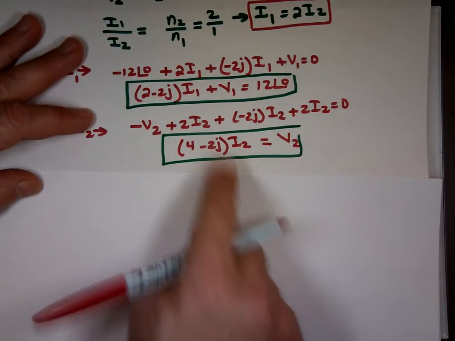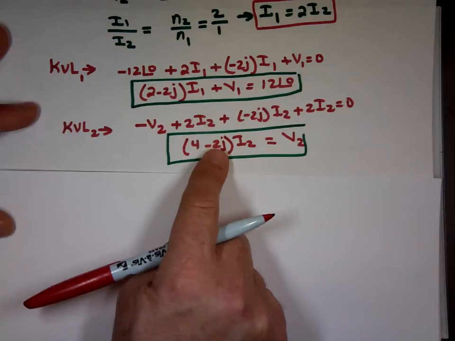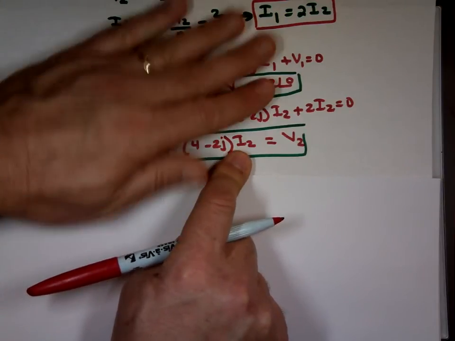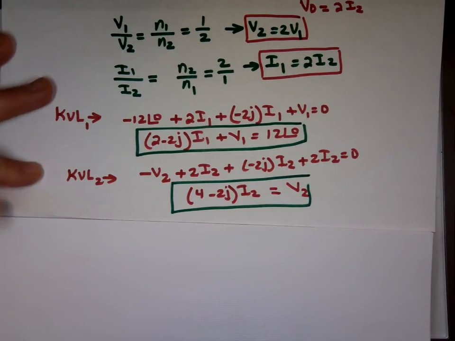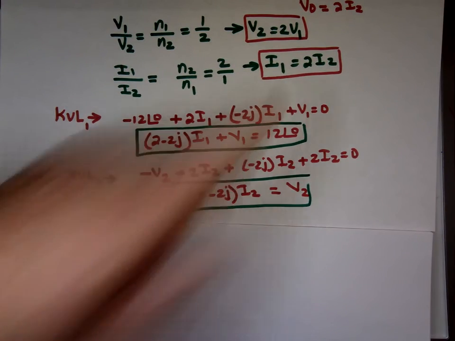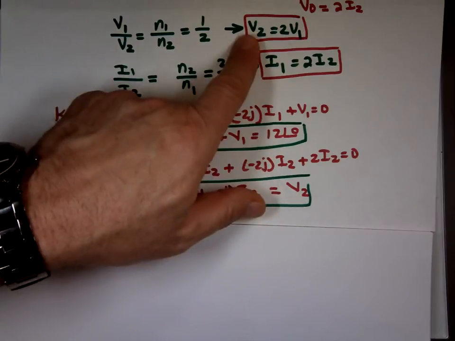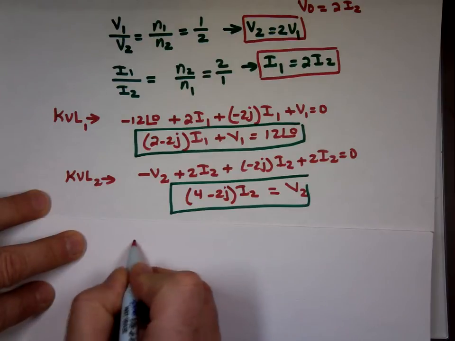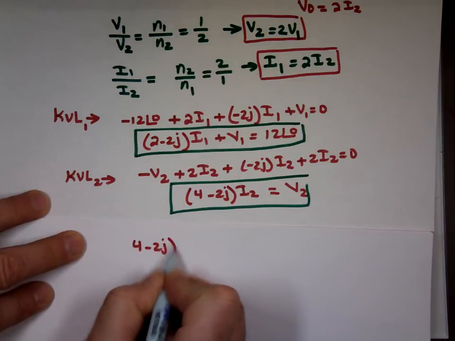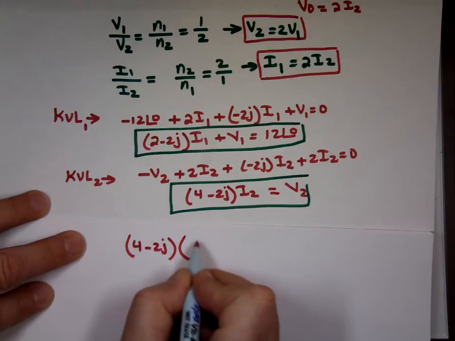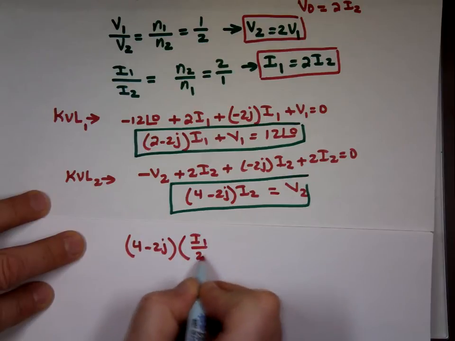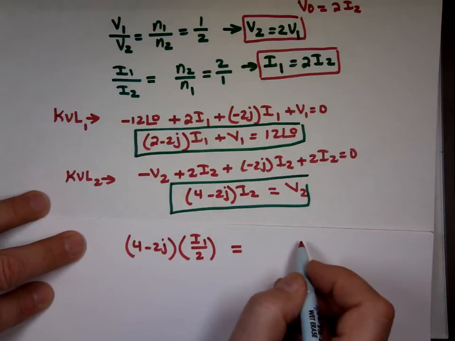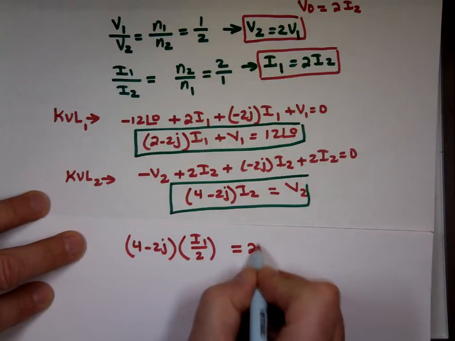If I take the bottom equation, that's this one, and do some substitution, I know what I sub 2 is equal to. Can you see it? I sub 1 over 2, right? And I know what V2 is equal to, 2V1. If I do that substitution in this equation, I'm going to have 4 minus 2j, in place of I sub 2, let me write I sub 1 over 2, equals, in place of V2, let me write 2V1.